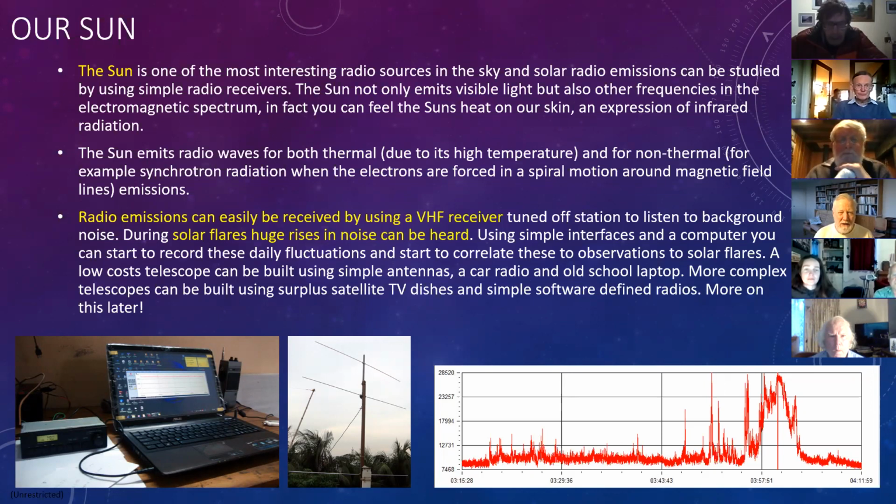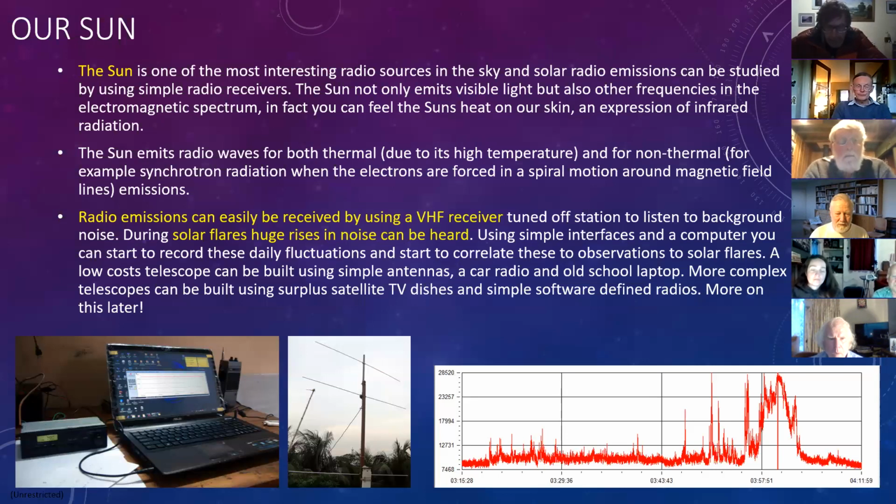It's above what we can receive on normal radio receivers, but we feel it on our skin when you're standing outside on a hot day. And the sun emits radio waves because of the energy, the high temperatures, but also because of the way that electrons are forced in spiral motions around its own magnetic field. It's similar to some of this noise that we will hear shortly around our own planet. You can receive these really, really easily.